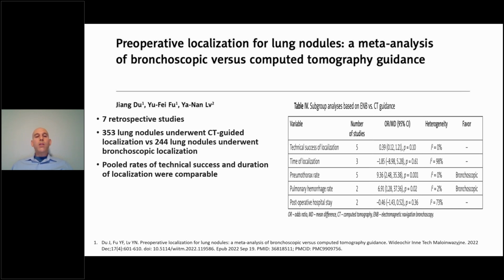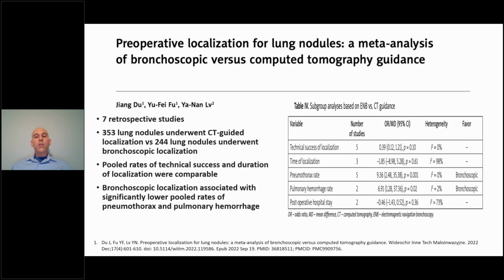And in this case, the duration of localization was comparable. So there wasn't really a big difference in most of these things in terms of technical success and the time of localization, as you see in the table, the first 2 rows there. But where we start to get a difference is in the safety aspect. The rate of pneumothorax and bleeding significantly favored bronchoscopy.